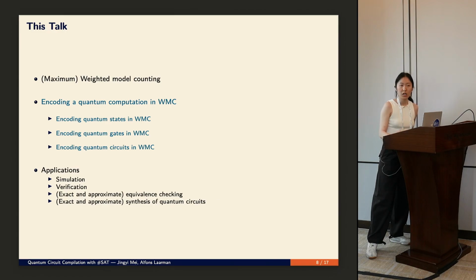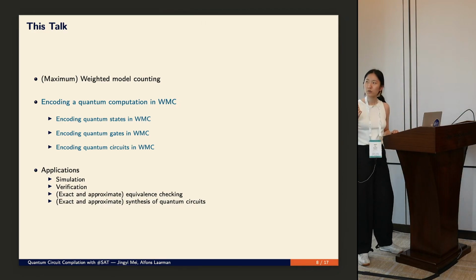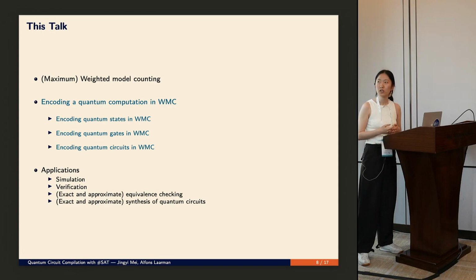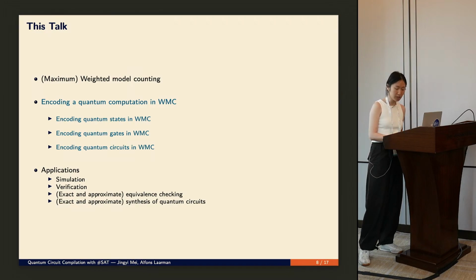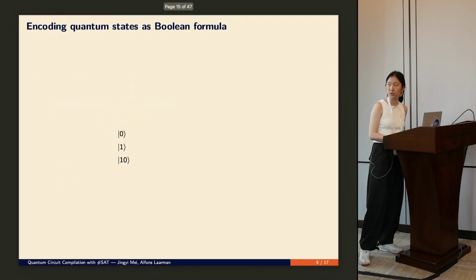Okay, so as we mentioned in the structure picture, we said all these four functionalities share the same idea, the same encoding of the quantum circuits. And now we will see how we encode quantum computing in the weighted CNF formula. We start with a simple example.